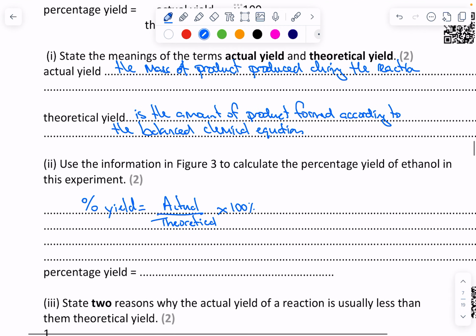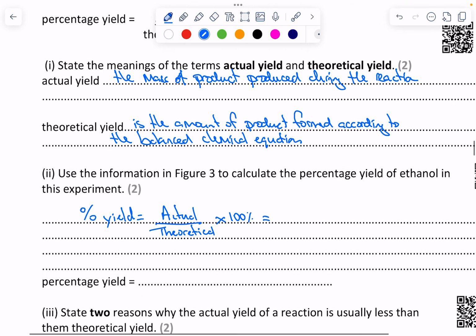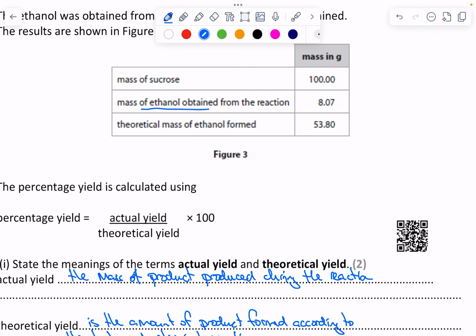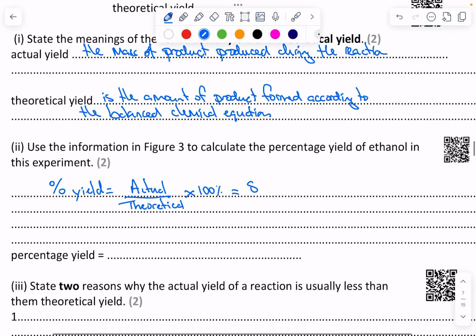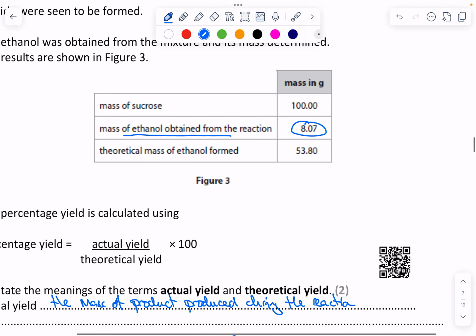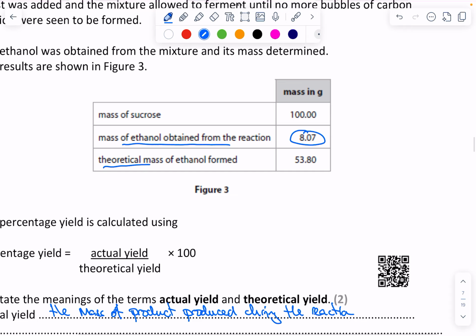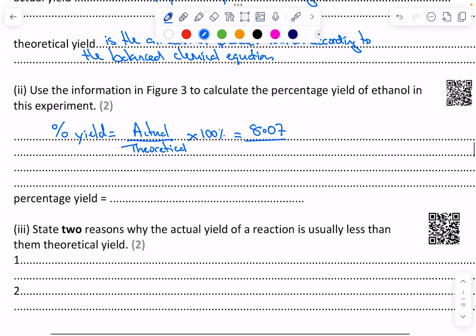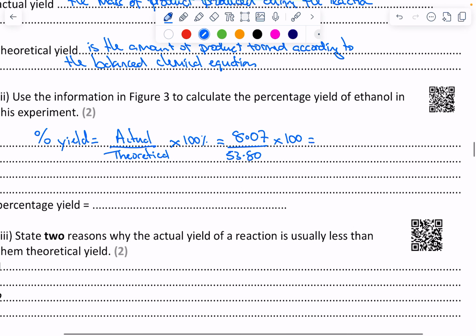So use the information to calculate percentage yield. If we go back up to the table a second, we can see here how much mass they obtained in the reaction. So we've got here 8.07 is the actual mass. Then the theoretical mass is this 53.80, and then we must remember to times that whole thing by 100 because we need that as a percentage.